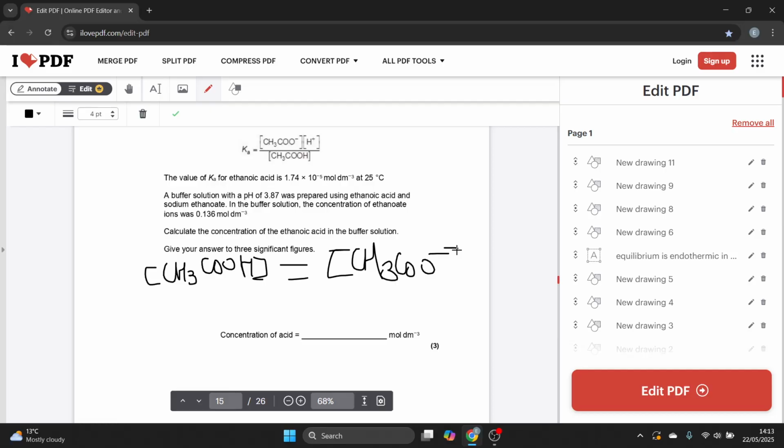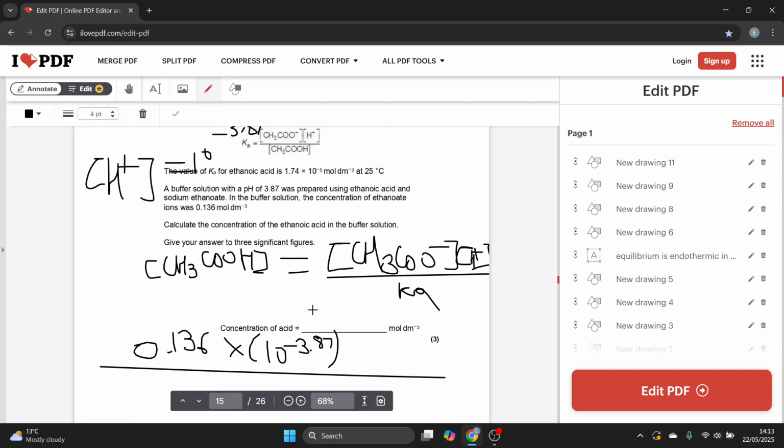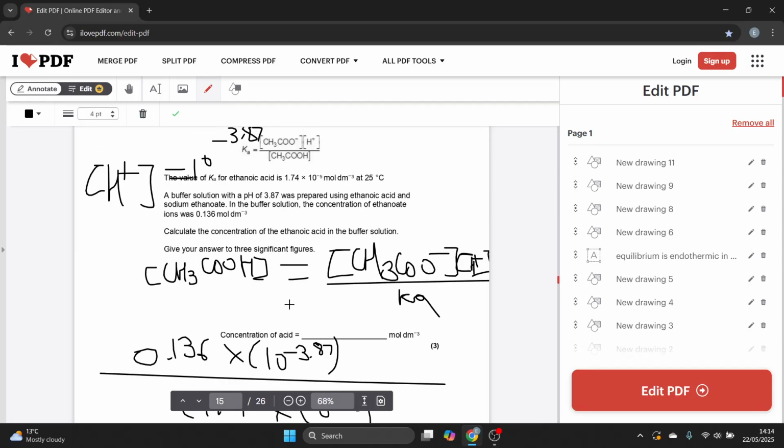CH3COO minus times H plus over Ka. I've got the concentration as 0.8 times 0.136. I've got the concentration of H plus ions, which is 10 to the power minus pH, 3.7, over Ka, 1.74 times 10 to the power minus 5. And that would give me the concentration.